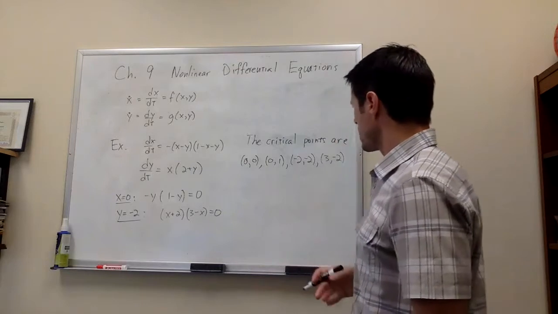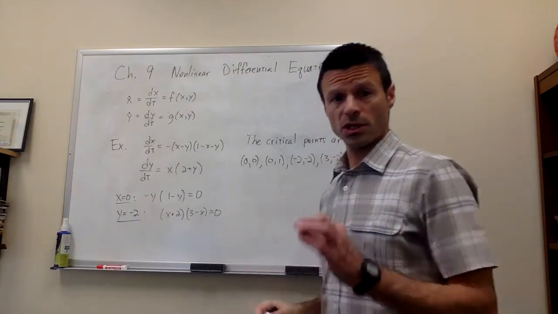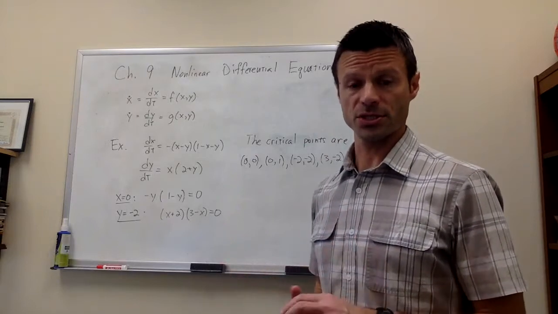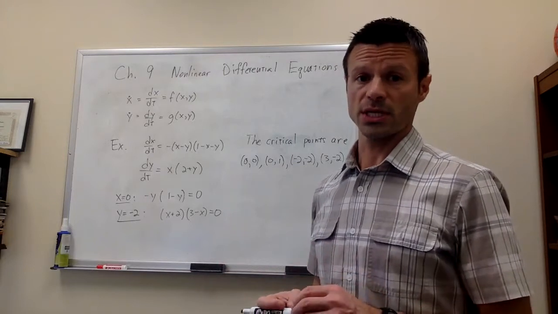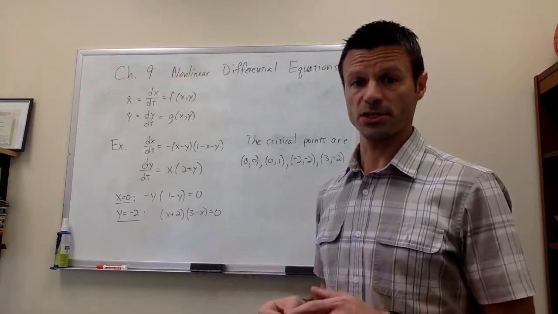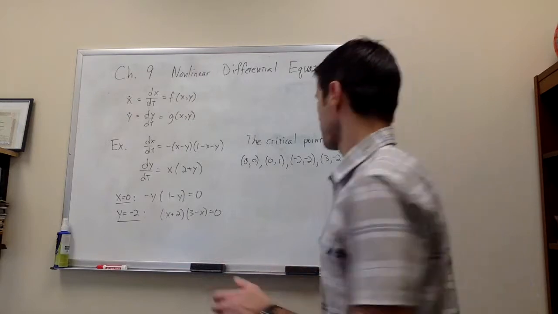It turns out that we can analyze this nonlinear system really close to those critical points using what we learned about linear systems in Chapter 7. That analysis relies on computing something called the Jacobian, which is basically a matrix of derivatives. I'll talk about that now.